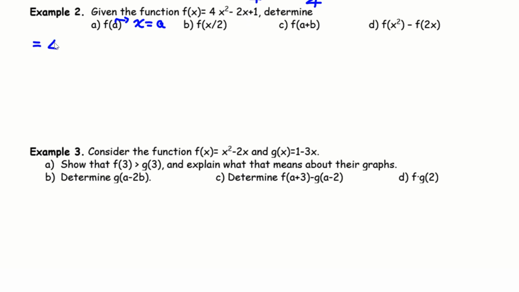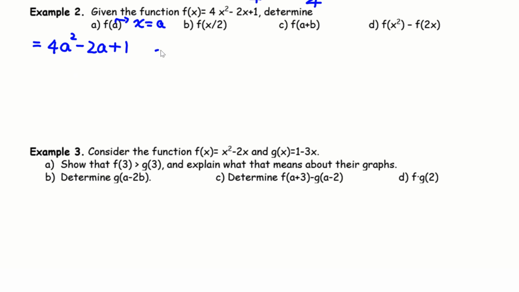So 4 times a squared minus 2 times x, which is a, then plus 1. The a value is not given a numerical value. This is a final answer. We couldn't go further, no like terms.